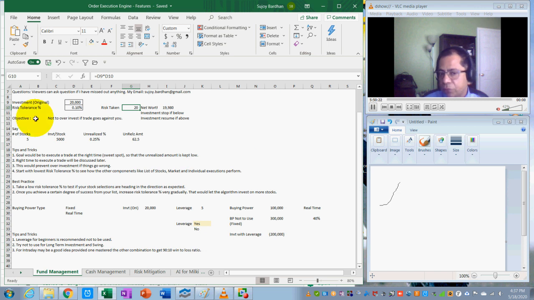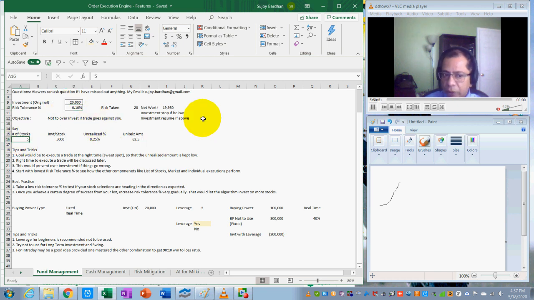In other words, $20 out of $20,000 is nothing. But within that $20 risk, if you can master the art or skill of making every stock selection go in the direction you want, then you have already conquered the risk tolerance percentage. So start very small.